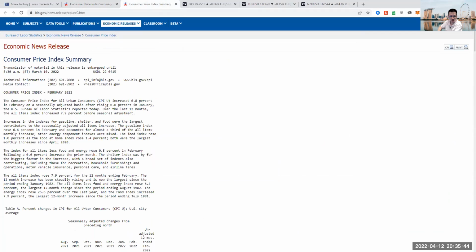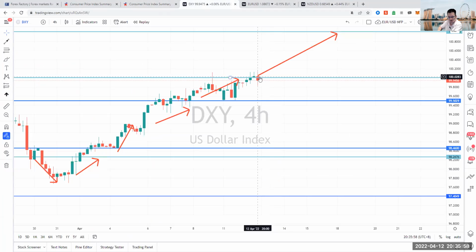The last report over the last 12 months was 7.9. So inflation year-on-year actually went from 7.9 to 8.5%, so it's actually gone up. That's why I'm still expecting that dollar strength to come back in. But at this point, we're going to see it bounce around at this level before possibly turning back up again.